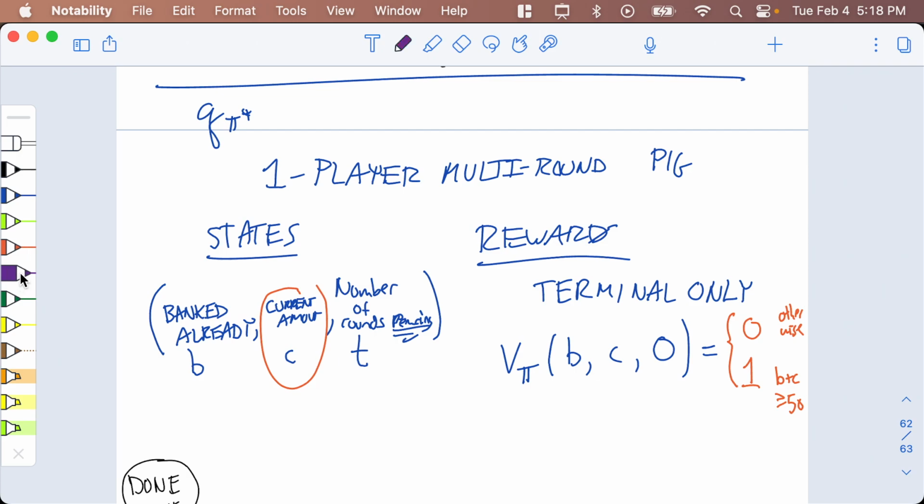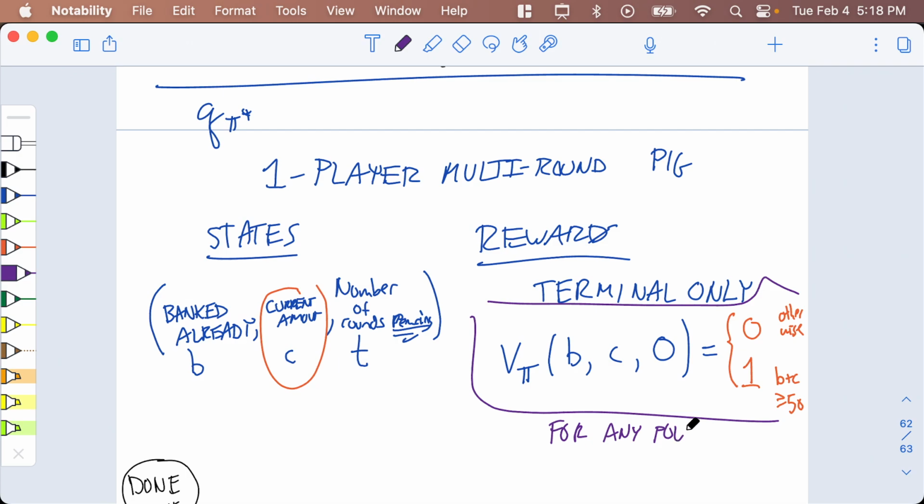So we have this initial, terminal value that is anchoring. We know for sure this is what happens, and this happens for any policy pi. No matter what you do, for any policy pi, the optimal strategy is going to somehow depend on this as an initial value.